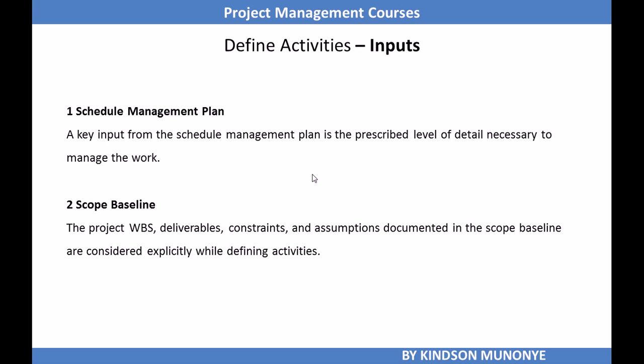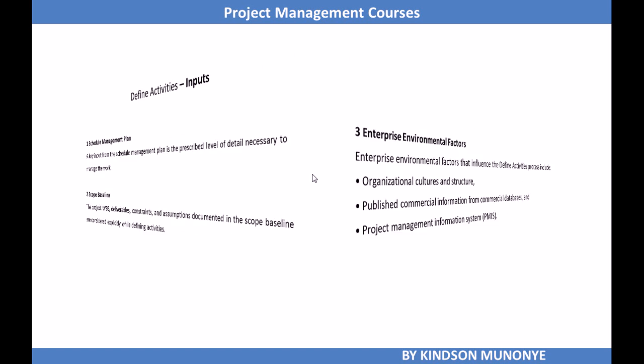The scope baseline, which is the WBS, the WBS dictionary, and the project scope statement, are all documented in the scope baseline, and they are needed to define activities. So the project WBS deliverables, constraints and assumptions are documented in the scope baseline and are considered while defining activities.